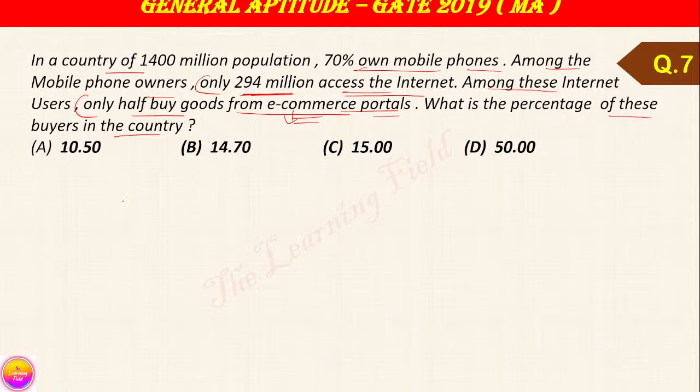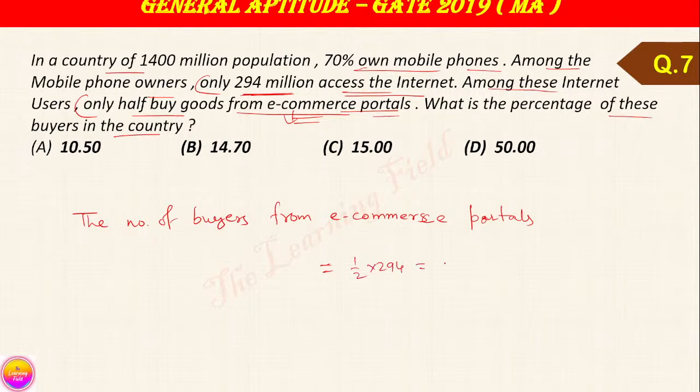Therefore, we first calculate the number of buyers from e-commerce portals. This is equal to half into 294 million. So this is equal to 147 million. 147 million people buy goods from the e-commerce portal.